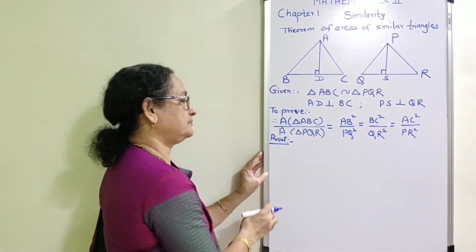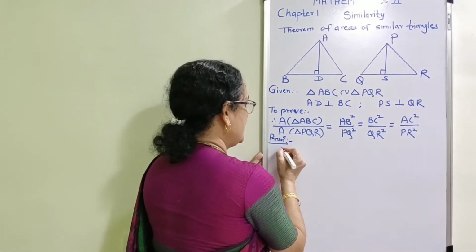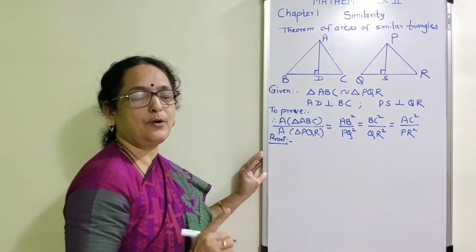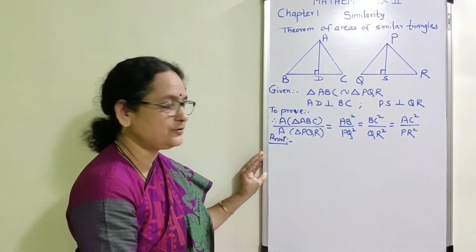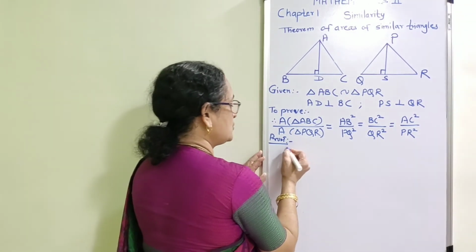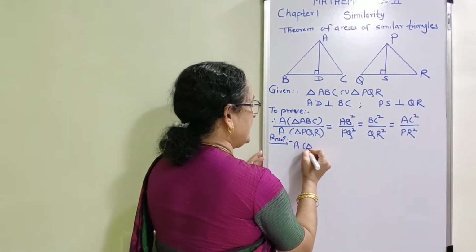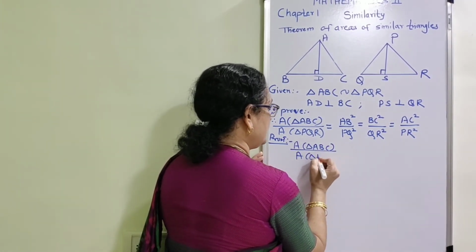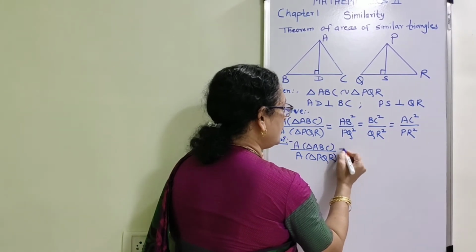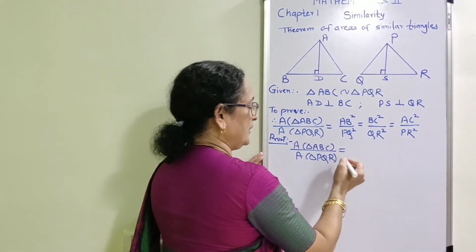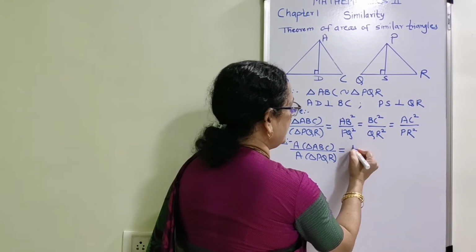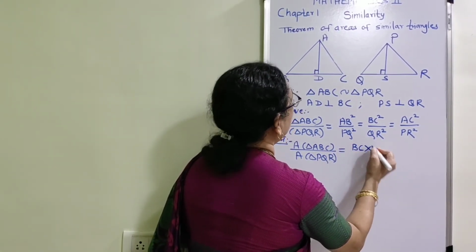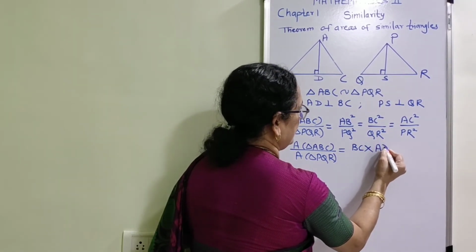That is how you are going to prove. First of all, write down the first property from our chapter. When you write the ratio of areas of two triangles, area of triangle ABC upon area of triangle PQR, we take the product of corresponding bases and heights. BC is the base of the first triangle, AD is the height of the first triangle.